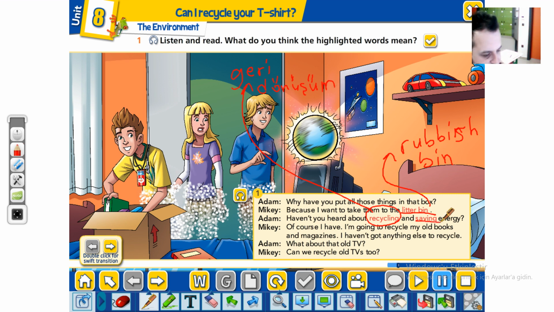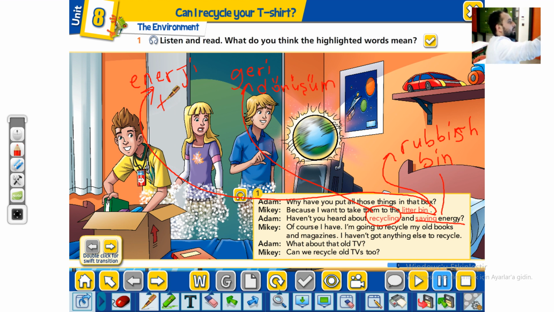And saving energy. Saving energy, save'i burada hani kurtarmak olarak düşünebilirsiniz ama saving energy, when we don't want to waste something, we save it. Yani tasarruf etmek arkadaşlar. Enerji tasarrufu. Saving energy. Saving burada tasarruf şeklinde kullanılıyor. Enerji tasarrufu. Let's continue listening.